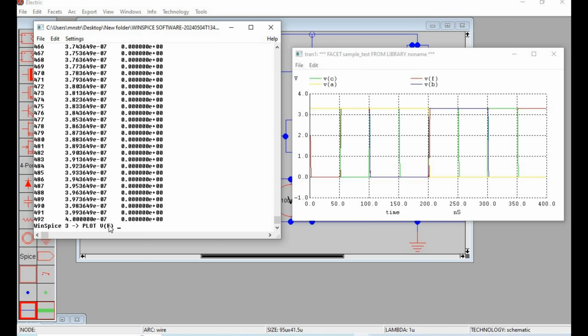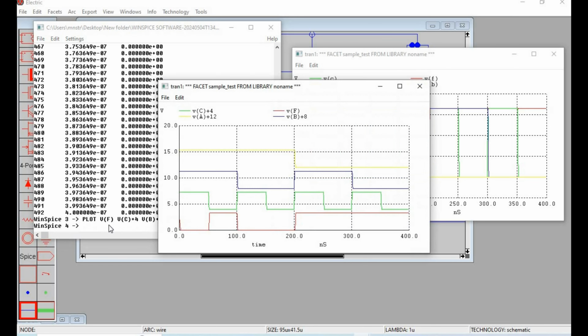So you can use 4. So VC plus 4, then just add 4 for every other input. So VB plus 8 and VA plus 12. So enter.